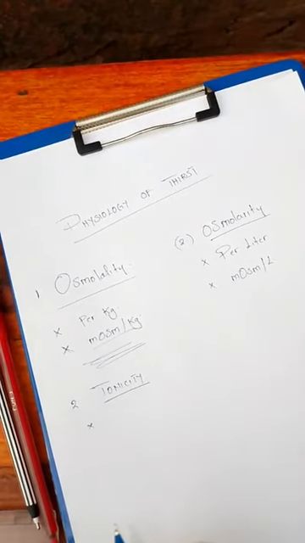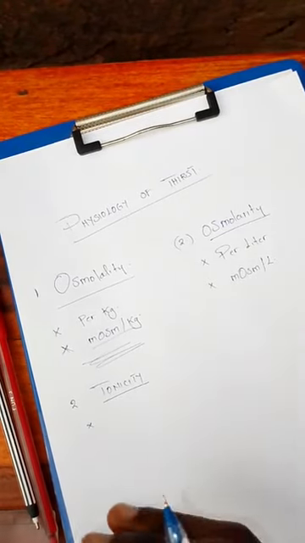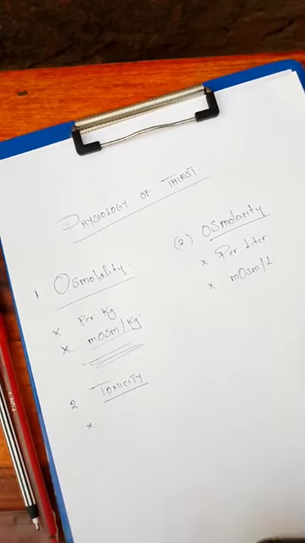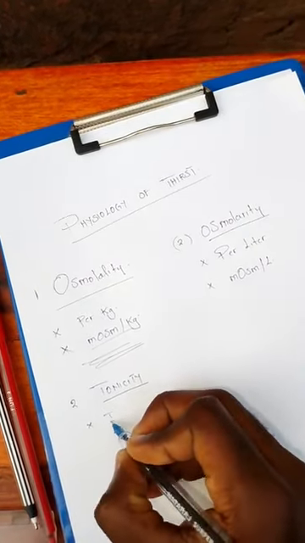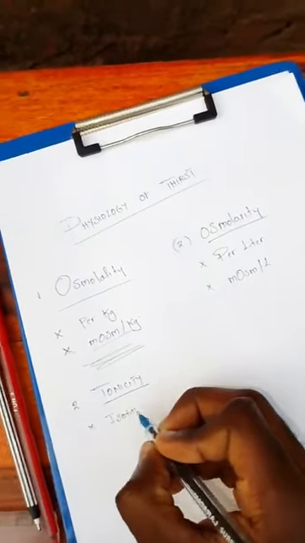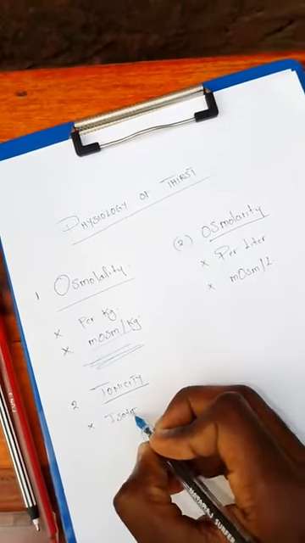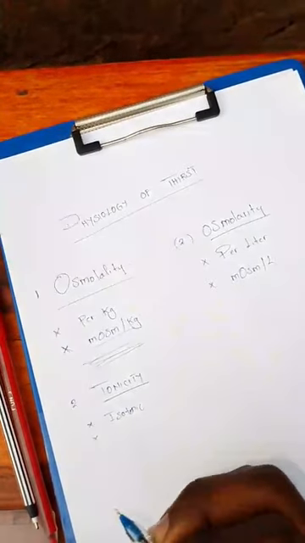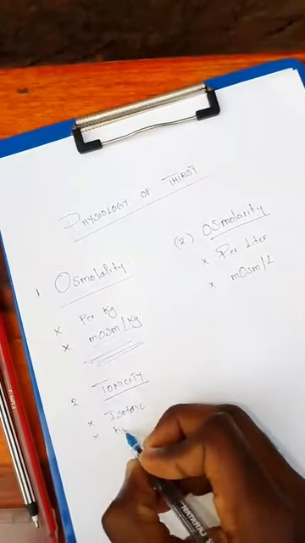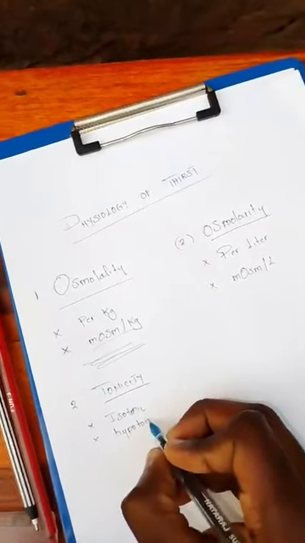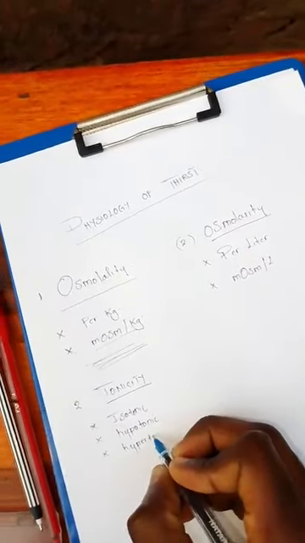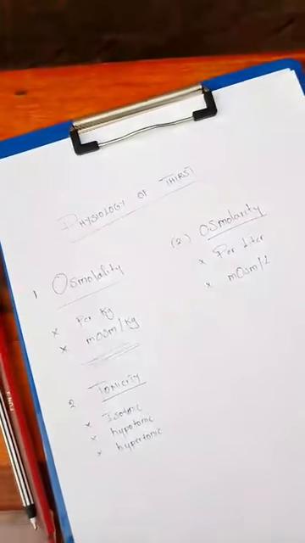Tonicity has three types of solutions that you can look at. We have isotonic solutions, which are terms that are quite familiar, and we also have hypotonic solutions and hypertonic solutions.